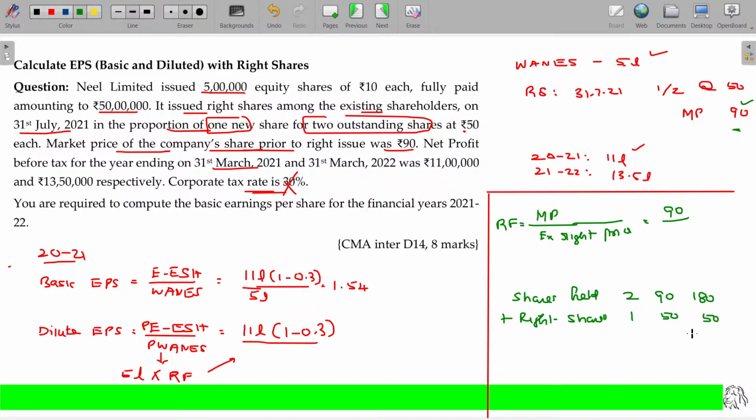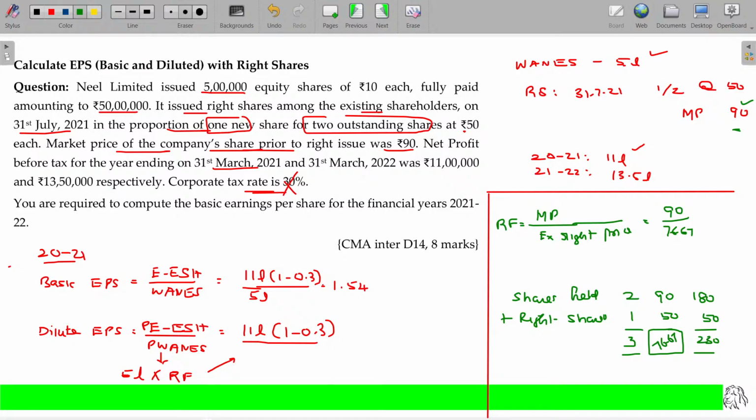So overall you have to pay 180 plus 50, 230 rupees for how many shares? For 3 shares. Then tell me, what about the average price you paid for purchasing 3 shares here? 230 divided by 3. 76.67. Am I right? So this will be the X right price, 76.67.